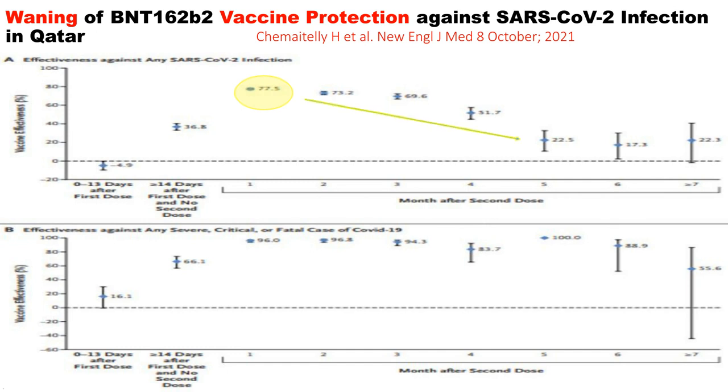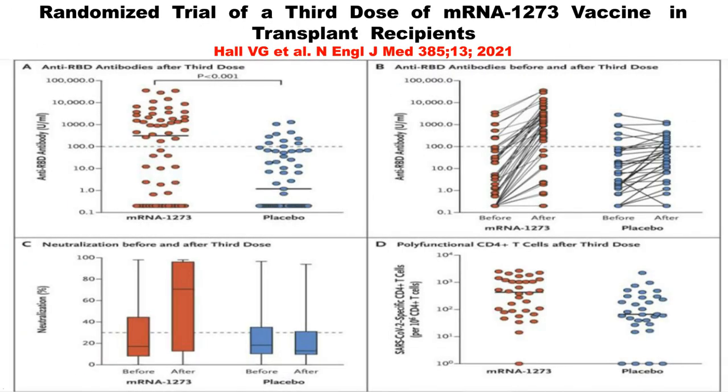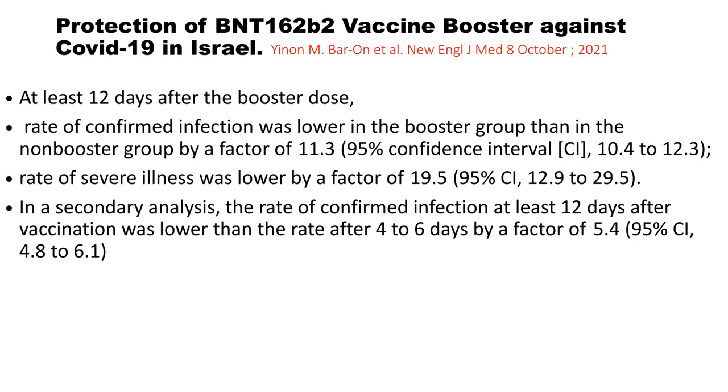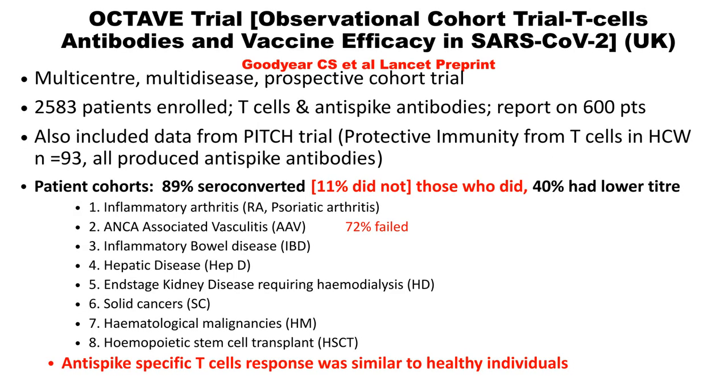But protection against severe infection or death continued at a high level. It was also shown that in transplant patients, if a third dose of the vaccination is given, they have a high immune response. From Israel, it has been reported that a third dose to those whose titers were falling would give them good immunity and protect them.